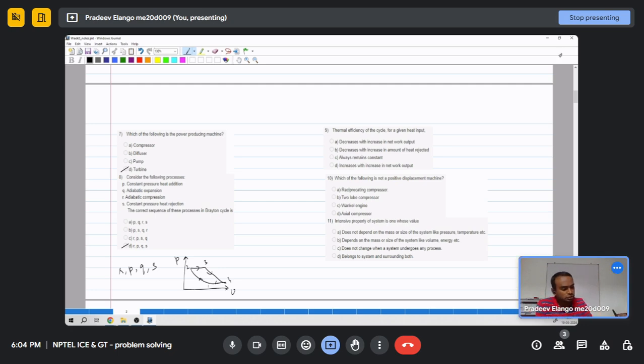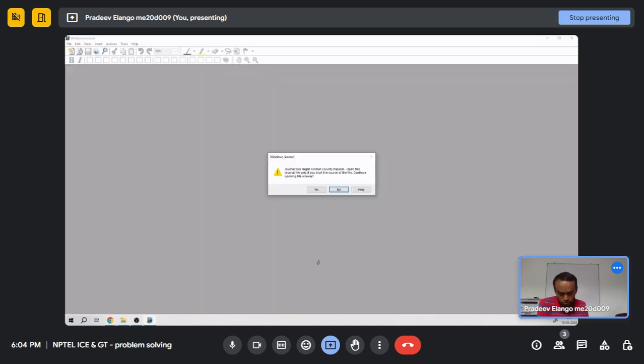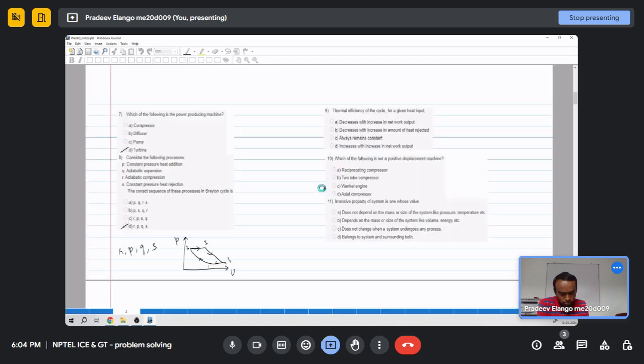Thermal efficiency is work output by heat input.